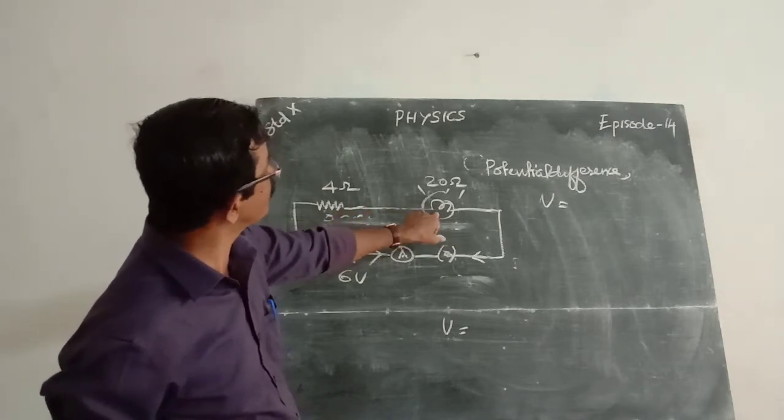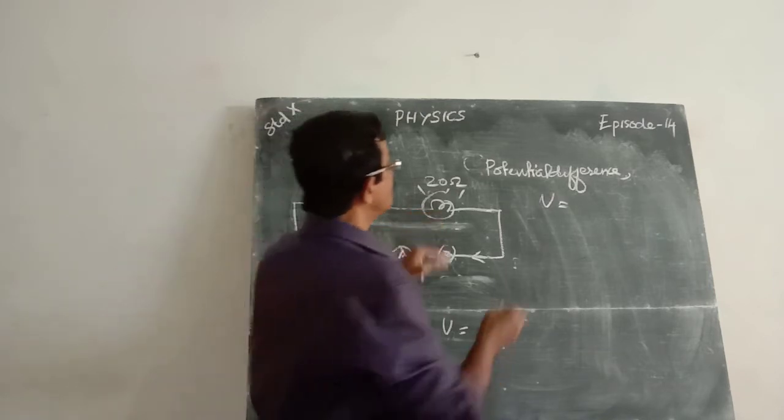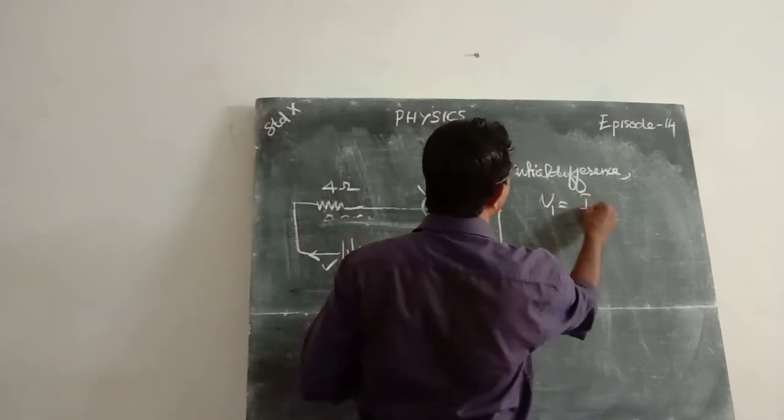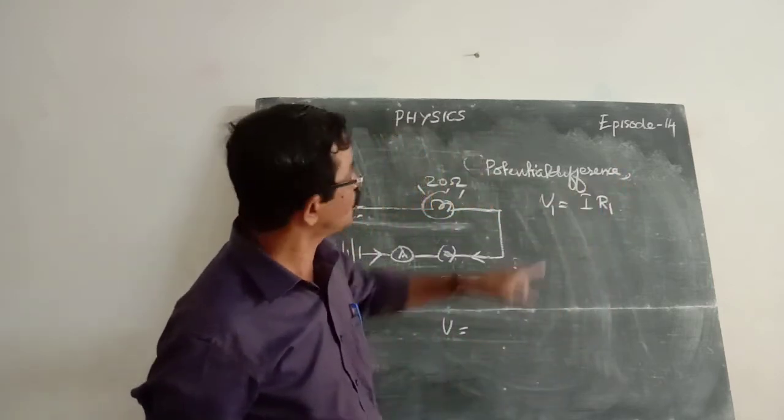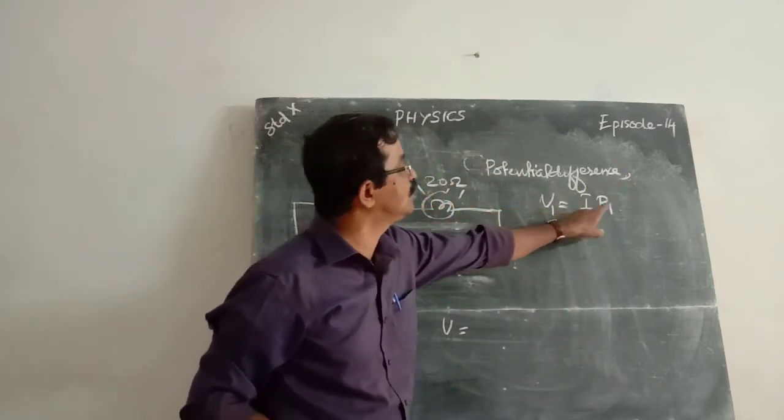Let the potential difference here be V1. Then V1 is equal to I R1. That is the potential difference across the lamp.